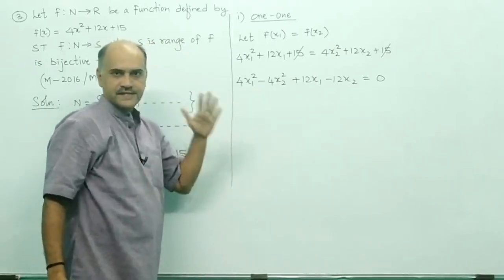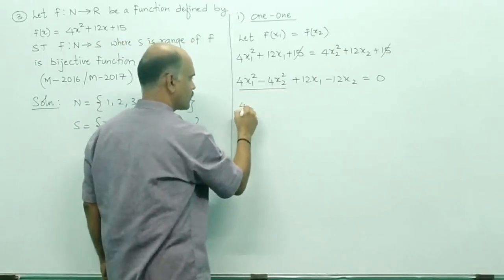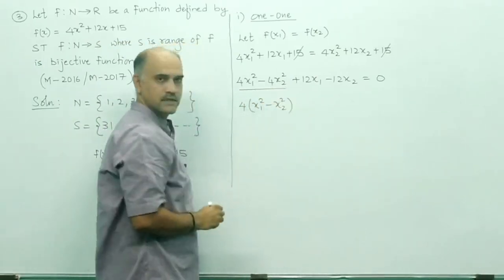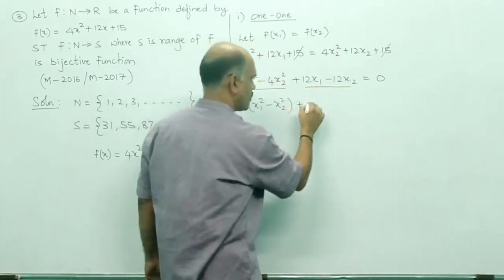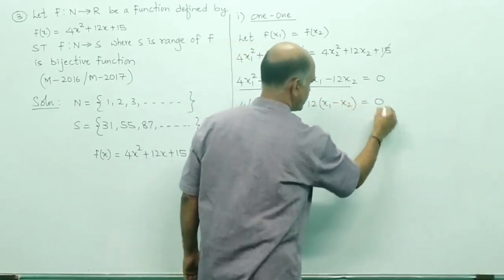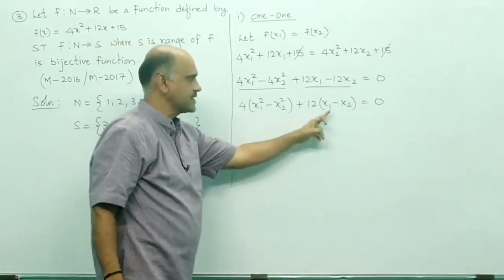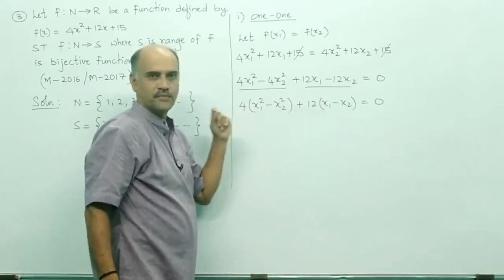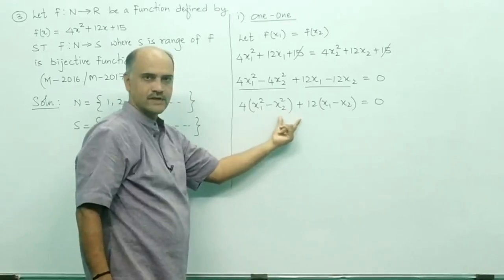Now simplify this. In these two I can take a common 4. So 4 into the bracket x1 square minus x2 square, plus in these two I will take 12 common, so I will have x1 minus x2 is equal to 0. Now among these two terms I will take x1 minus x2 common. This I can write as x1 plus x2, x1 minus x2.